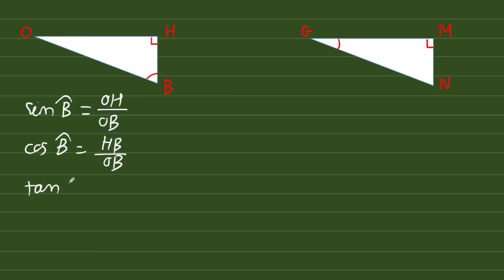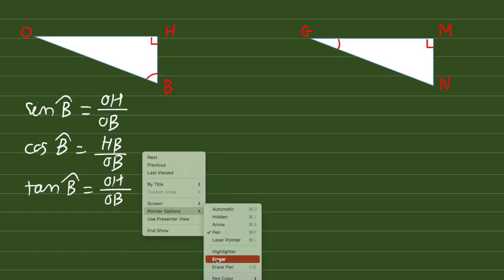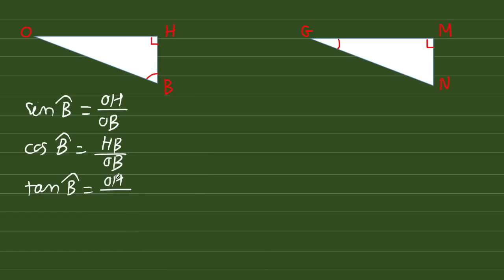About tan, opposite is OH divided by hypotenuse is OB. No, tan means opposite divided by adjacent, HB. Yeah, this is right.